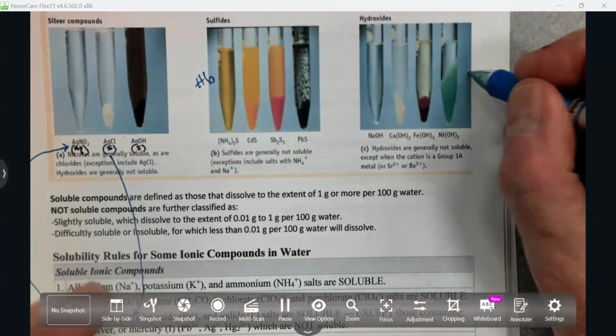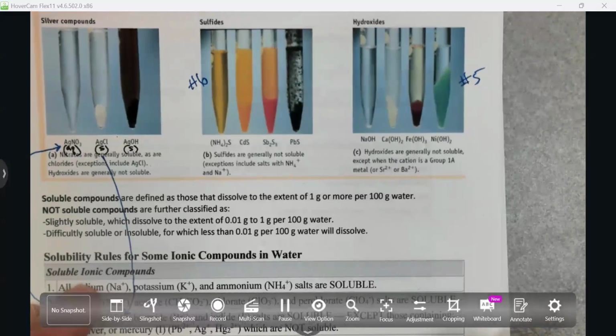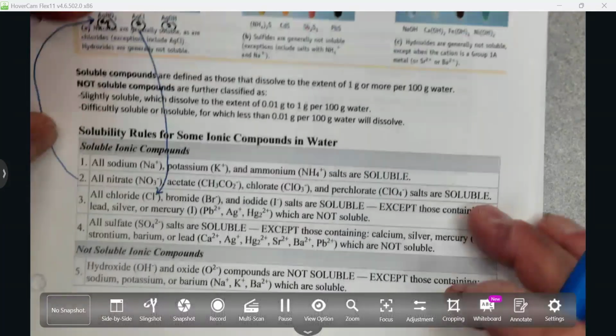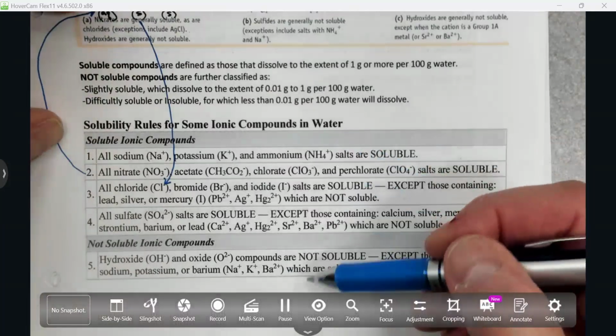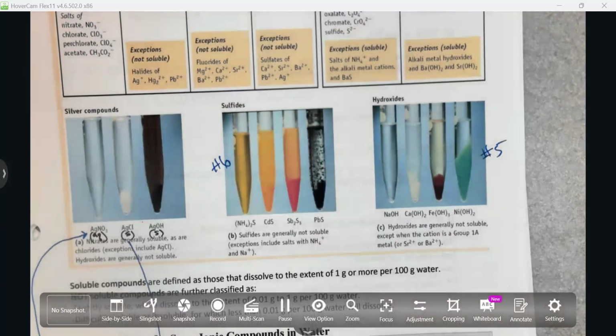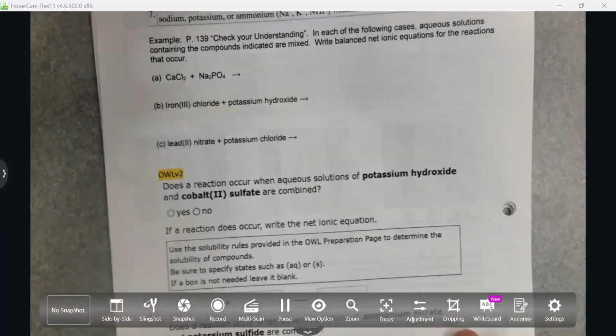This is number 5 down below. Again, in OWL, you will be using these rules. And in lab, your lab manual has these printed out. All right, let's go to this here.